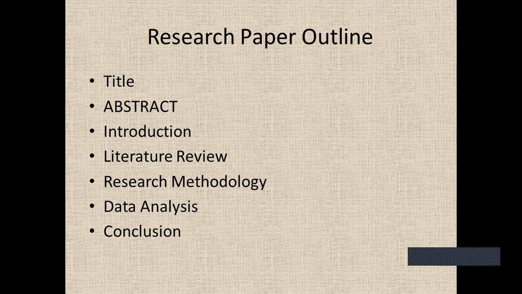Every component that is addressed in the research should be made a part of your abstract to give a clear idea to the readers what they are going to find in the research. Next come the standard five chapters: the introduction, literature review, research methodology, data analysis, and conclusion.